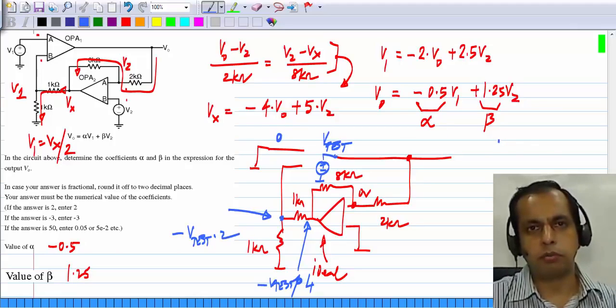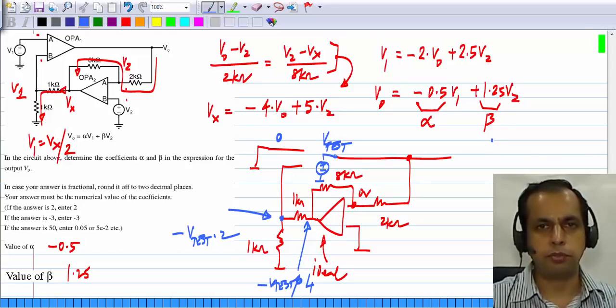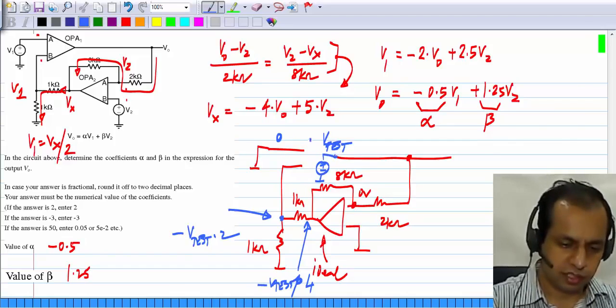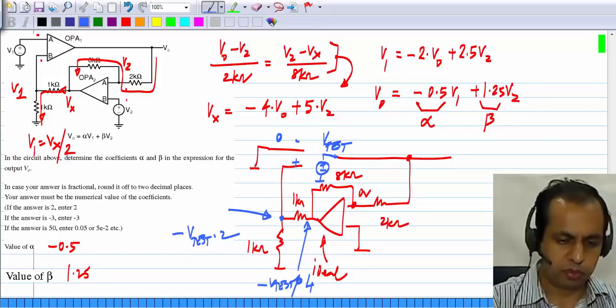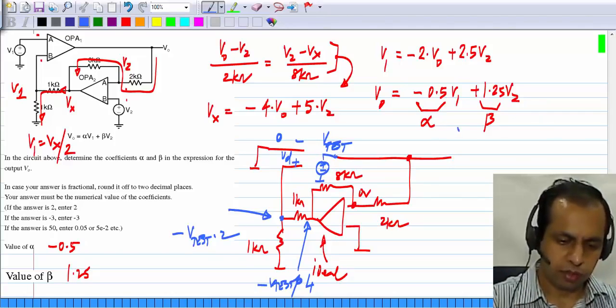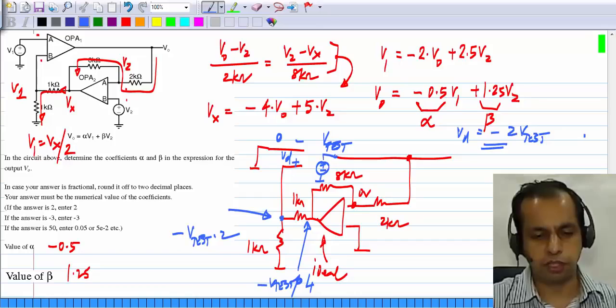Now I want the op amp to be in negative feedback, that is the difference input of the op amp should be minus something times the output voltage of the op amp. So you can clearly see that if the op amp signs are this way, the difference voltage Vd would be minus 2 times Vtest, which satisfies the condition for negative feedback.